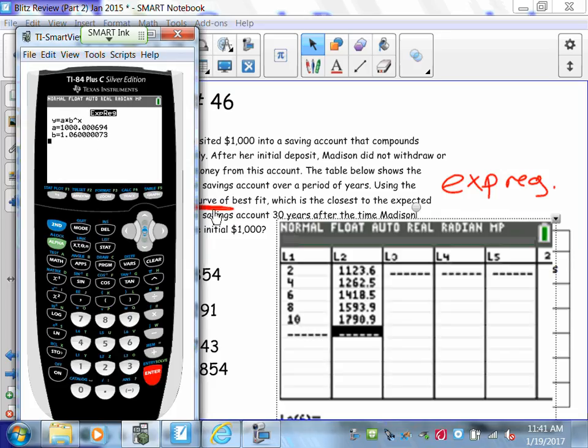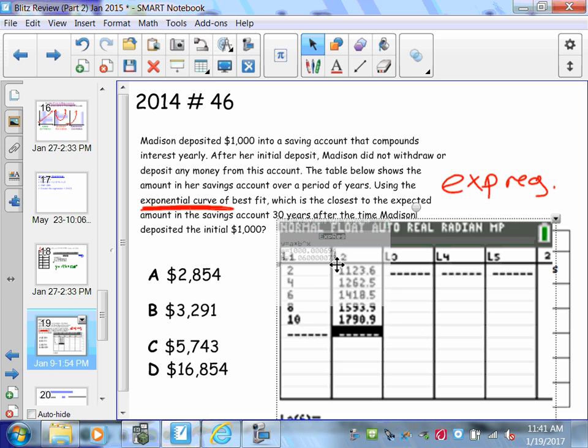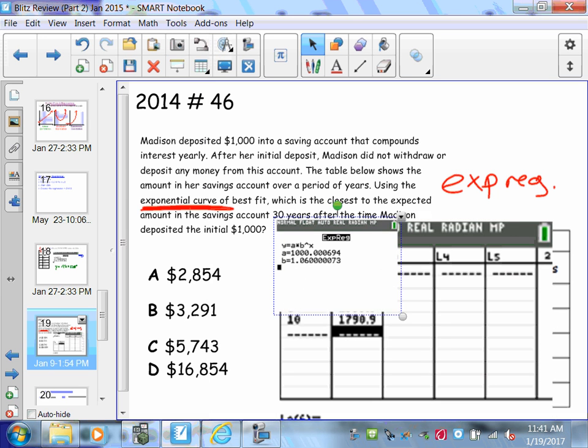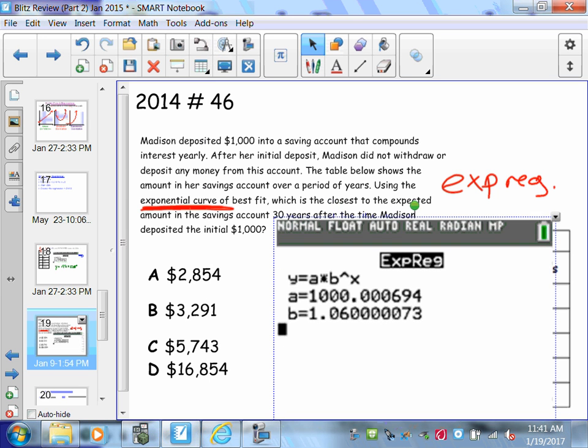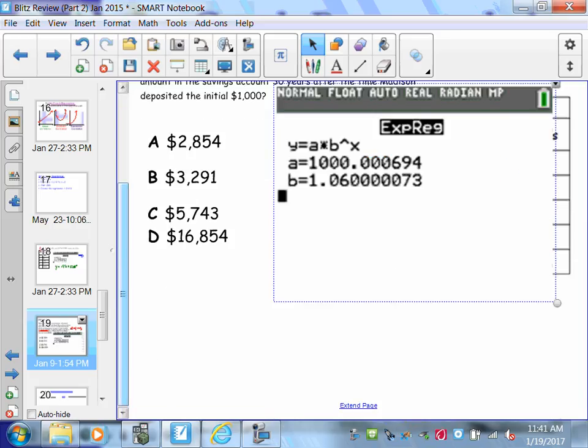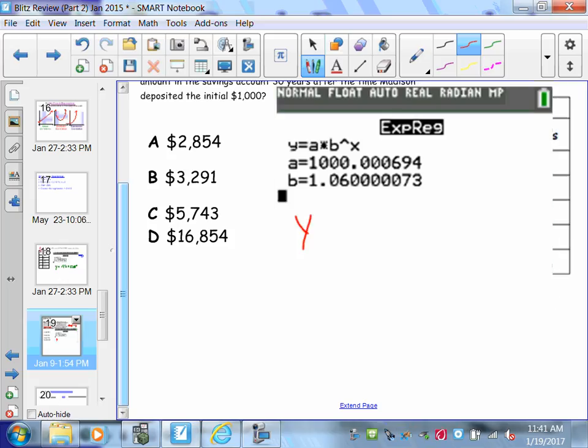And the equation it gives you, there it is, looks like this. So you have to actually write out that equation. So it's going to be y equals 1,000 times 1.06 to the x.